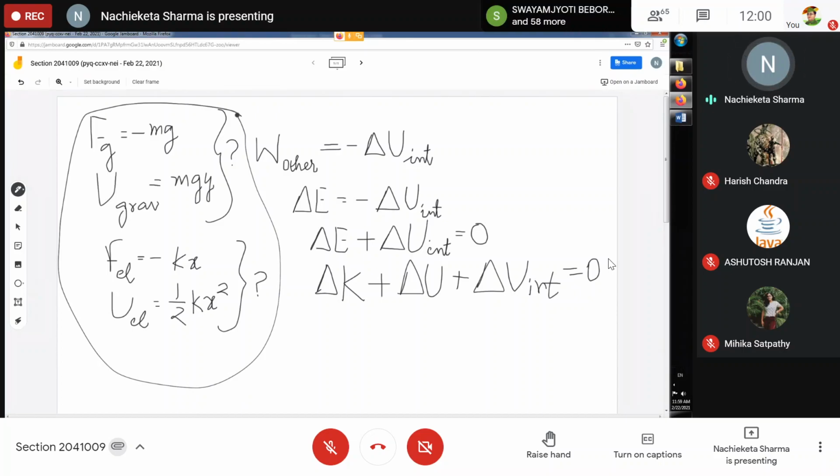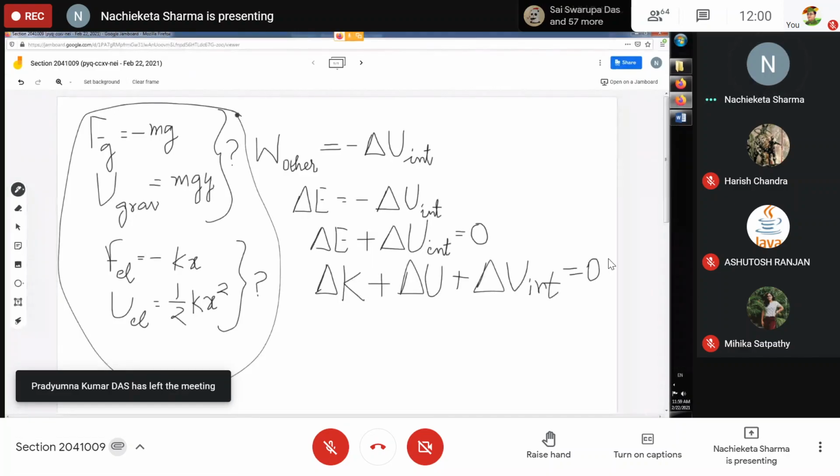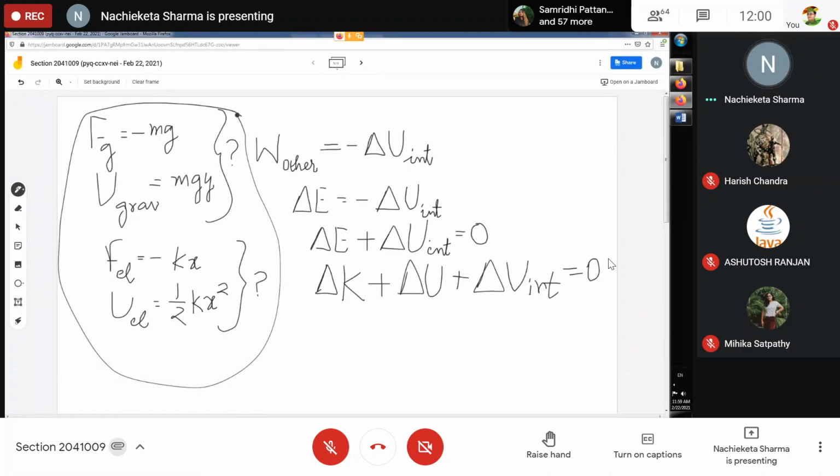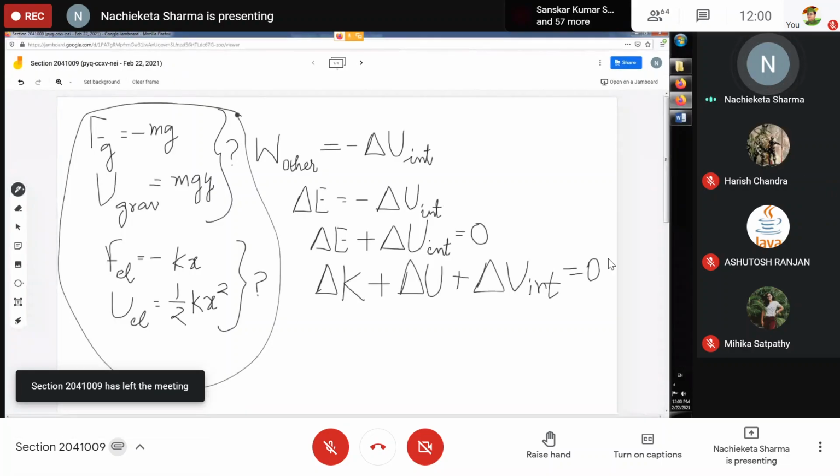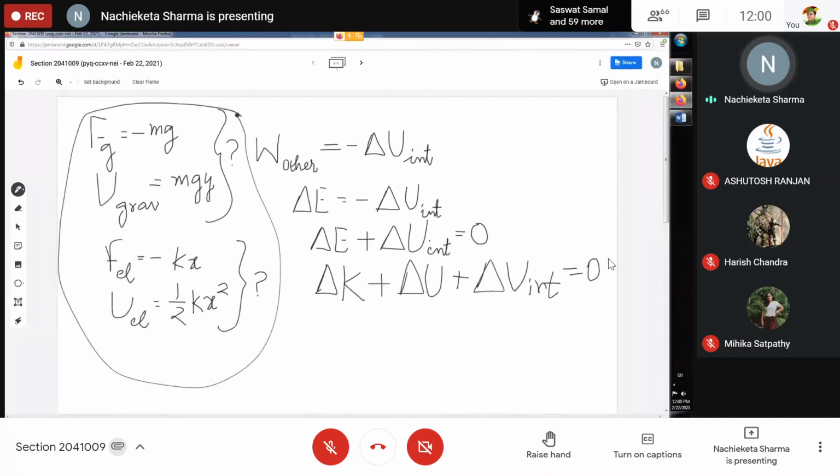So just to present a hurried summary of whatever we have learned in this class: I showed you the work done when only gravitational forces are present. I showed you the work done when only elastic forces are present. I showed you the work done when both the elastic and gravitational forces are present. Also, I showed you the work done when elastic, gravitational, and other forces are present.